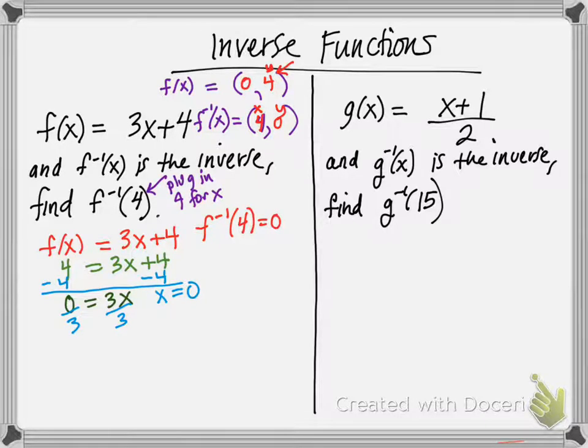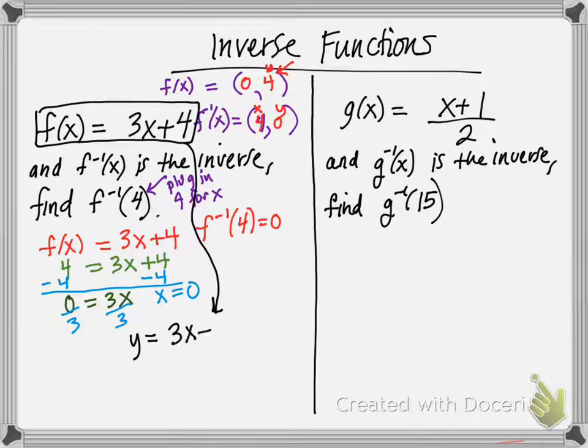A second way to do this is to find the inverse of this function. So let's do that down here. To find the inverse, the first step is to replace f of x with y, because they're exactly the same thing. And then we're going to switch the x and the y, and then we solve for y.